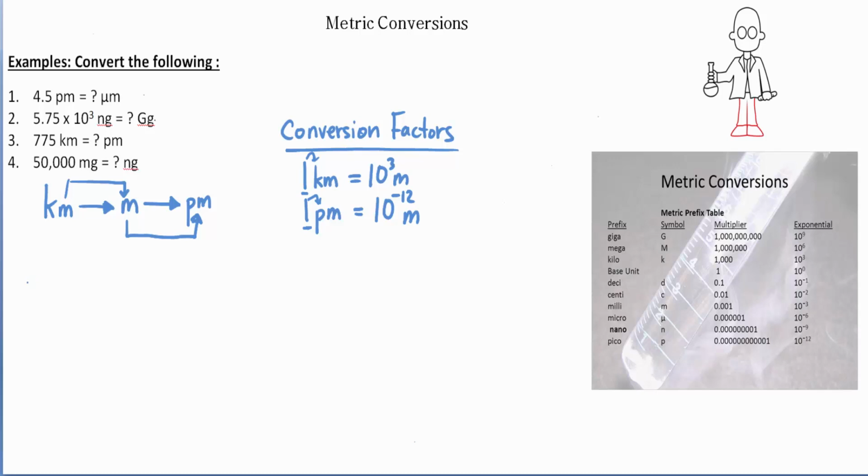So we can set that problem up and say 775 kilometers times, we know we want to eliminate kilometer and go to meter. So our conversion factor is, in 1 kilometer, we have 10 to the third meter.